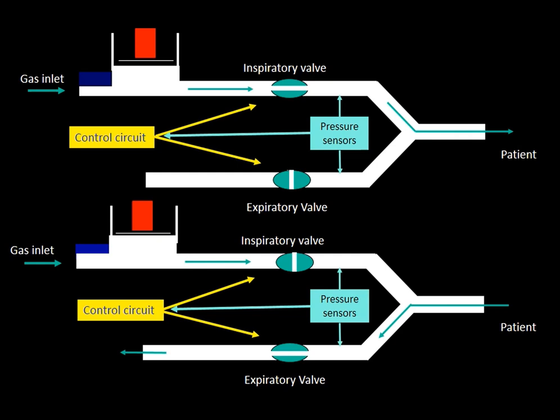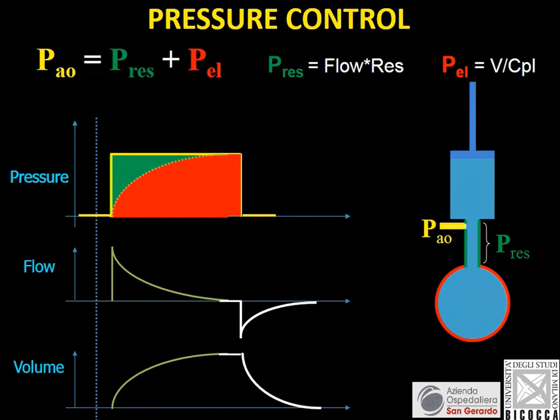It is like if you are on your car and you set up your cruise control. The cruise control will not control directly the speed of the car. It will control the amount of gas which is injected in the pistons. And here it is exactly the same. The ventilator wants to achieve a given inspiratory pressure, and to do so, it will manage the inspiratory and expiratory flows. And let's see how this works.